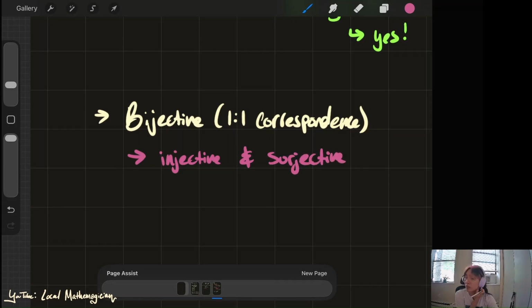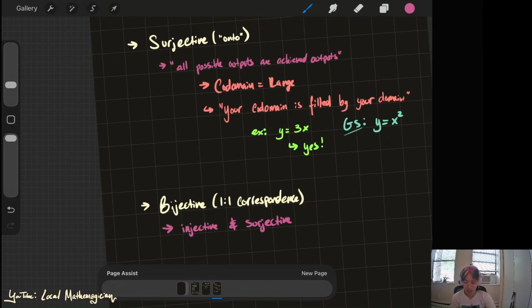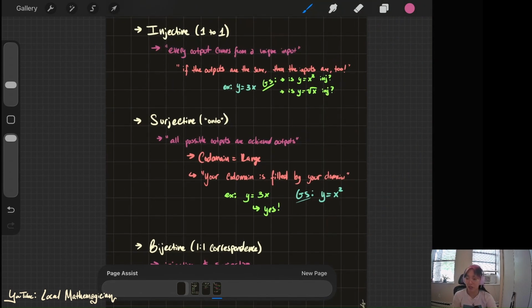Of course, it comes with some very fun properties. If your function is injective, every output comes from a unique input, and it is surjective, every possible output is achieved, then your domain and codomain are the same size, and that's very interesting.